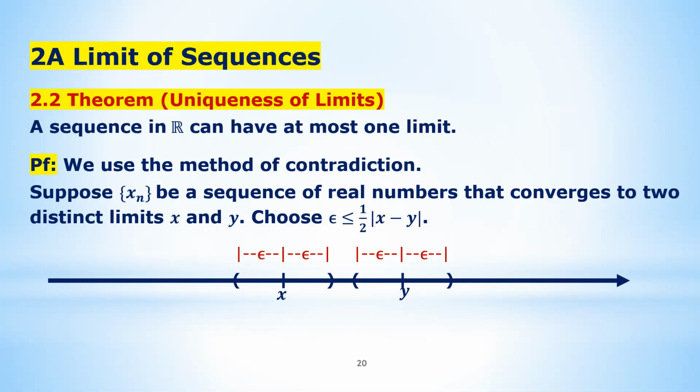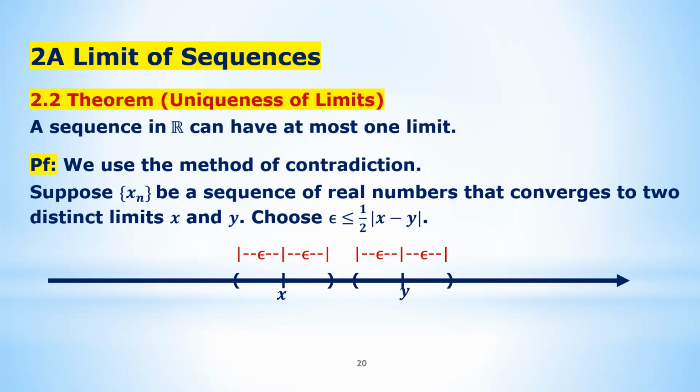So when we go through this proof, I want to choose these two intervals. Now these two intervals are going to create a contradiction. Think about it. If xn goes to x, this means eventually xn will be very, very close to x. So xn will be in the first interval.